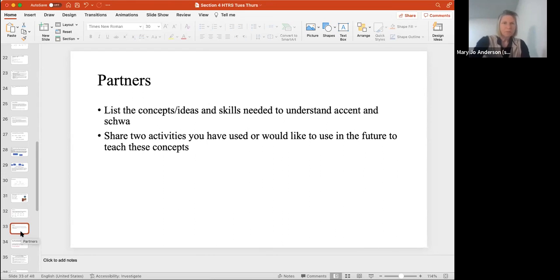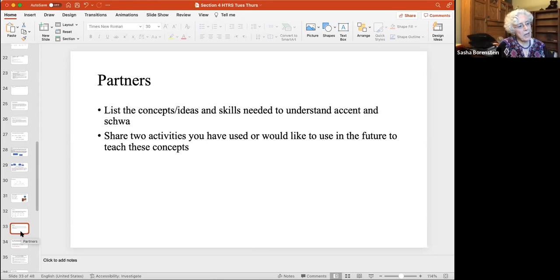And the wonderful thing about this is that you can teach all of the vowel sounds within the context of syllables, and it makes it meaningful for students, and it also is more sophisticated so that they'll see the value of learning the vowel sounds because they'll be able to read longer words.